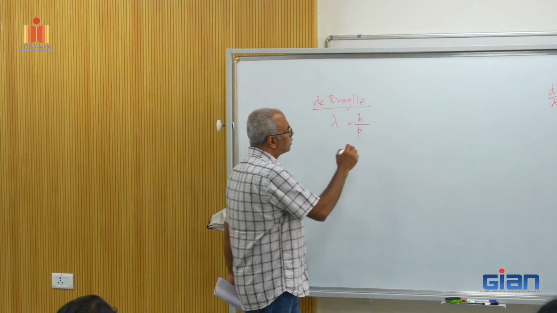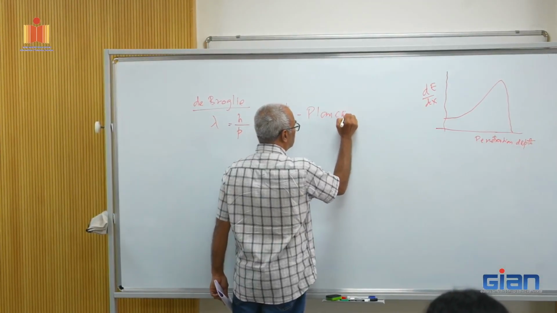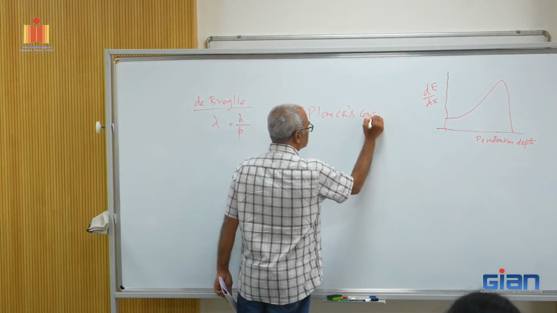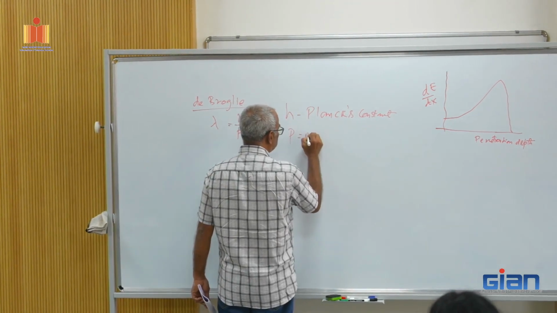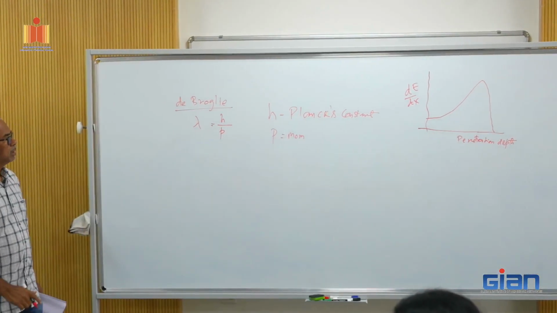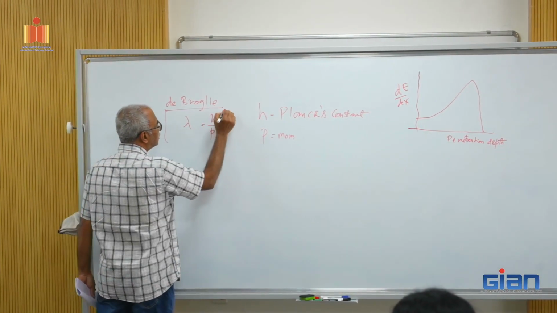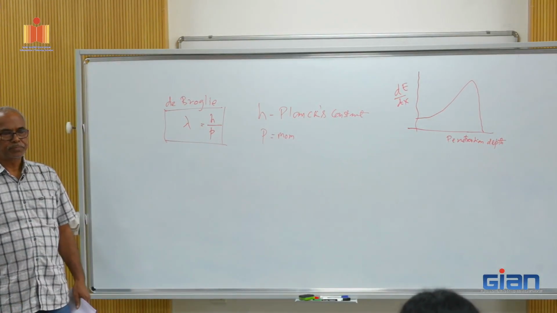Here h is the Planck's constant and p is the momentum. So this is my relation, lambda equal to h over p.